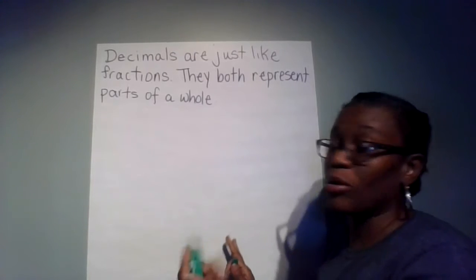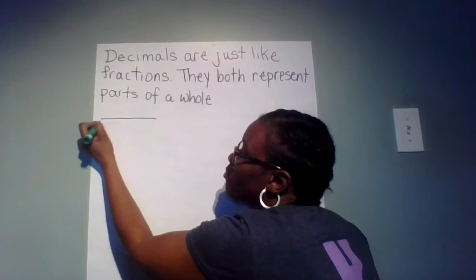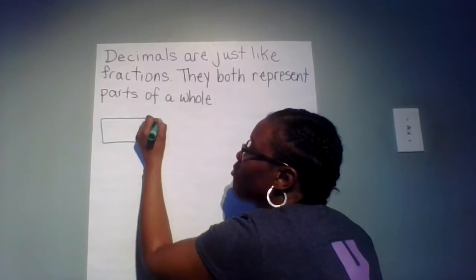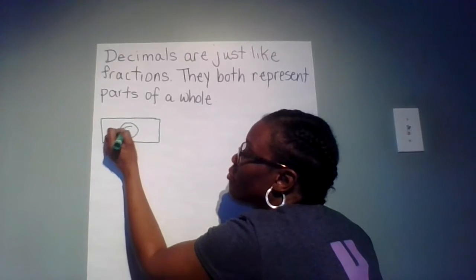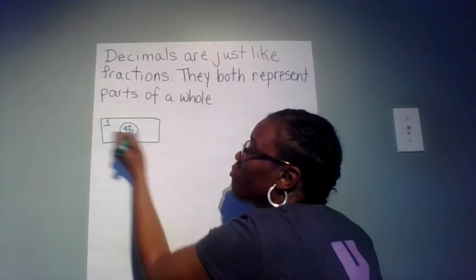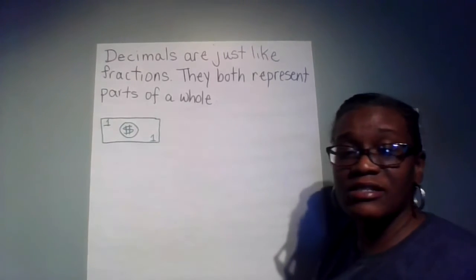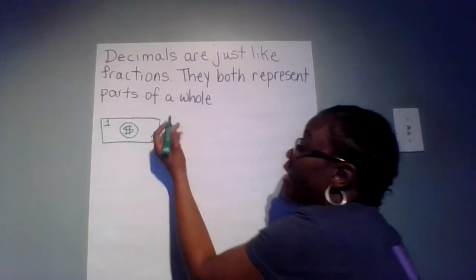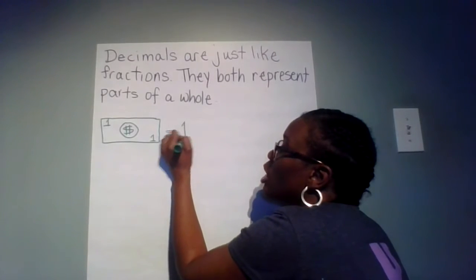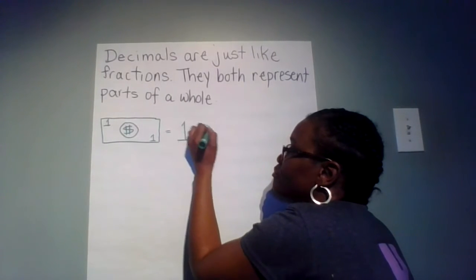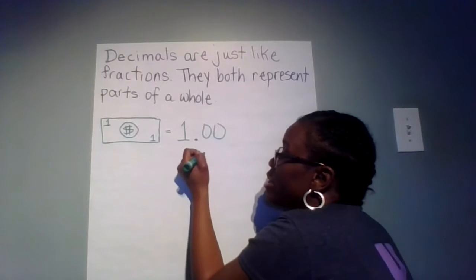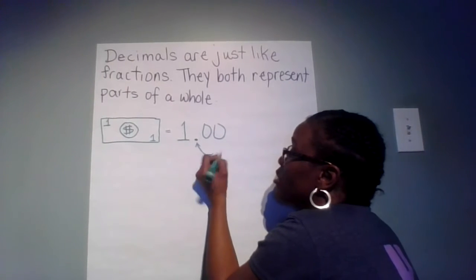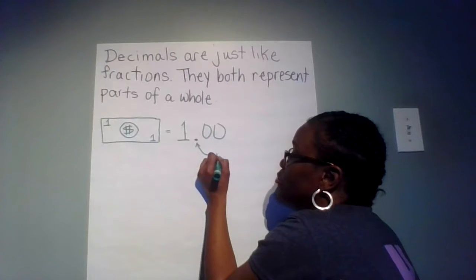So, for example, if I had some money and this is worth $1 or equal to $1. This right here, to my scholars, is your decimal.